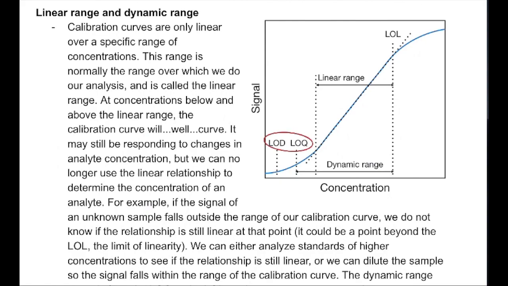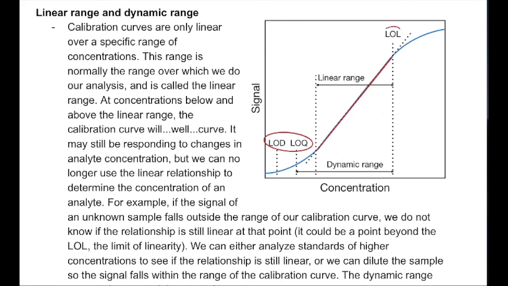So we've already talked about limit of detection and limit of quantitation. Again, limit of detection is the smallest amount of analyte that a method can see or detect. The limit of quantitation is the smallest amount of analyte that a method can reliably quantitate. We have a linear range, which I think is pretty self-explanatory, and that particular range is usually where we want to work because the change in signal is predictable as the concentration is changed.